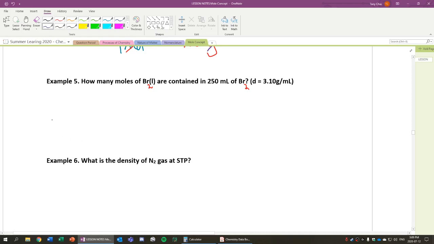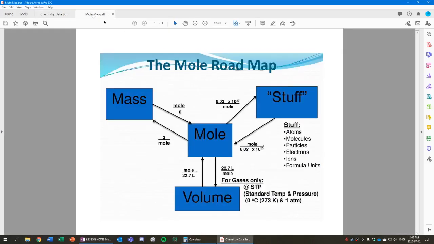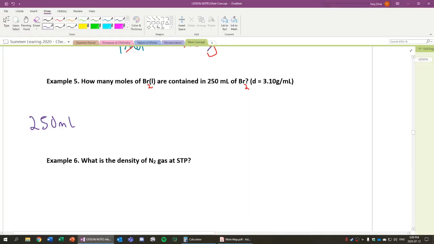So we have 250 milliliters of bromine. Our first step, we want to solve for mass, because we can't get from volume to moles yet because we're stuck at mass. So we've got to use density to get to mass. We find that 3.10 grams per 1 milliliter is the density of bromine.